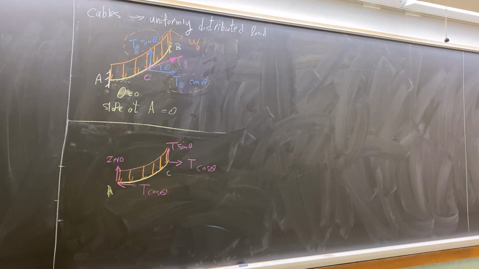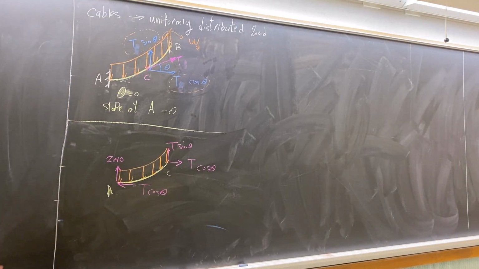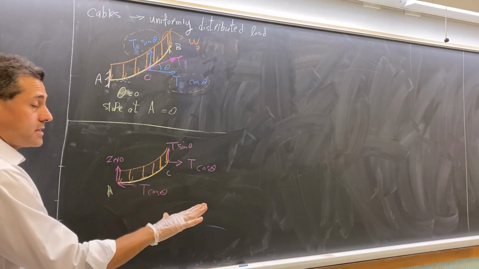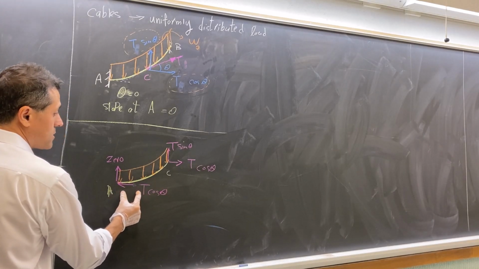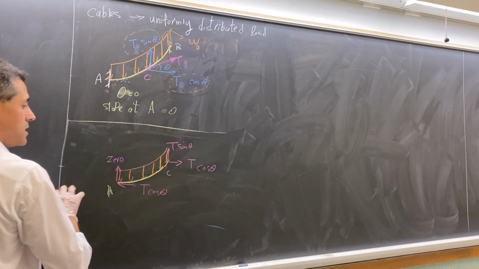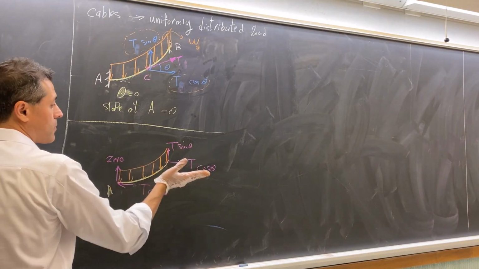Any question about this free body diagram? Because if you understand this free body diagram, then you understand everything. The horizontal component of the internal force is constant. Here it is T times cosine theta. Here it is T times cosine theta. Here, it's just T times cosine theta. And theta is the angle between the tangent line and the horizontal line.